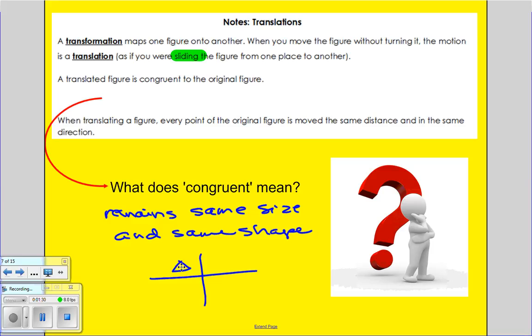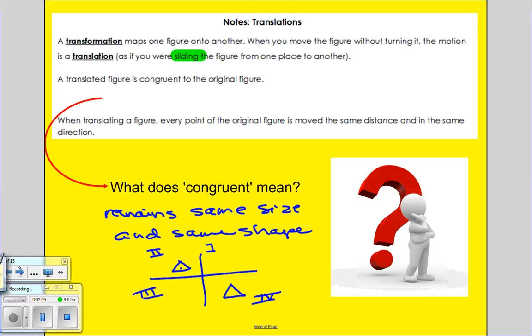If I have this triangle here and I want to slide the triangle down to this quadrant, and remember our quadrants go 1, 2, 3, 4 in the shape of a C. If I want to slide this triangle from quadrant 1 to quadrant 4, I'm going to be able to map it by saying, okay, every single point on this triangle is going to go 7 over and 7 down. And if every single point goes 7 over and 7 down, then I'm going to have the exact same triangle in a different quadrant. Okay?